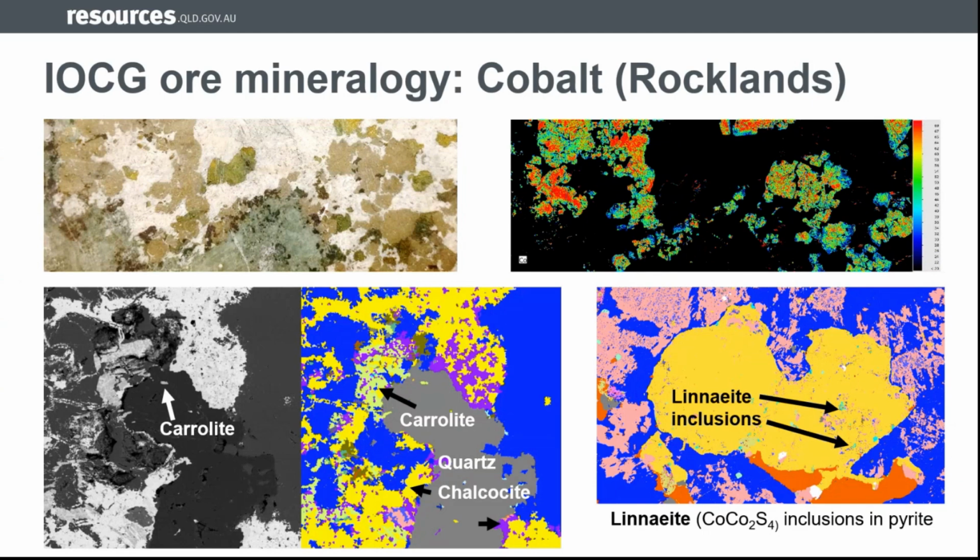Here we can see for Rocklands that there are two main modes of occurrence: in pyrite and in separate dedicated cobalt minerals. There are several of them present. And hence lies the problem of potential metallurgical recovery. So you need to remember about part of the cobalt in pyrite and part of the cobalt in separate minerals.